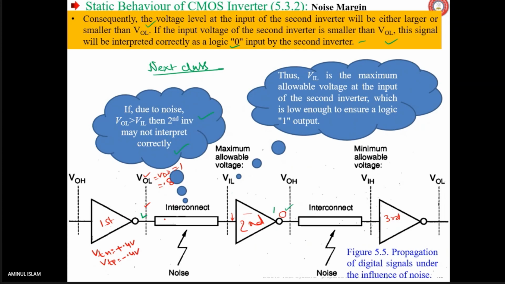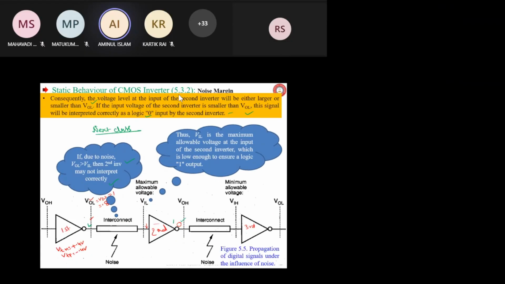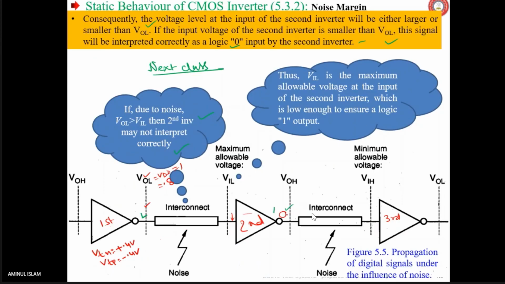Okay, I'm assuming these voltage values, and hence the VOL 0.8 volt can very well be considered as high output. And if it is applied to the second inverter's input, then obviously there will be no problem.